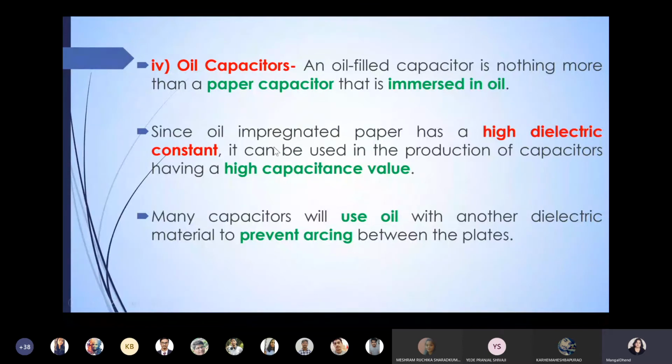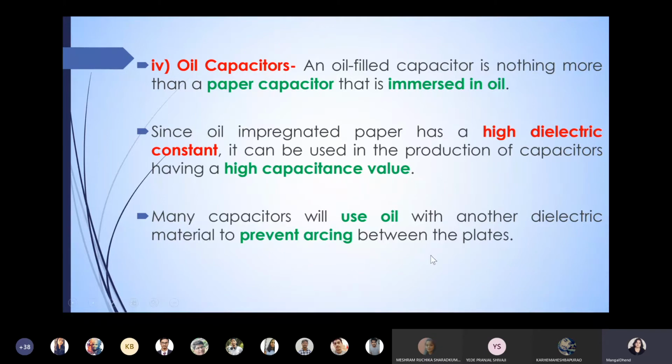Since oil impregnated paper has a high dielectric constant, it can be used in the production of capacitors having a high capacitance value. Many capacitors will use oil with another dielectric material to prevent arcing between the plates. An arc, once struck, is very difficult to extinguish.